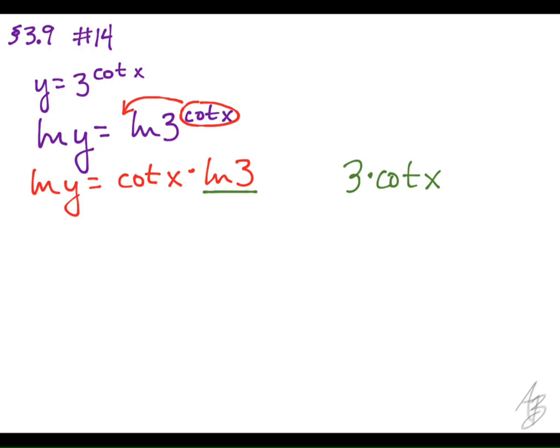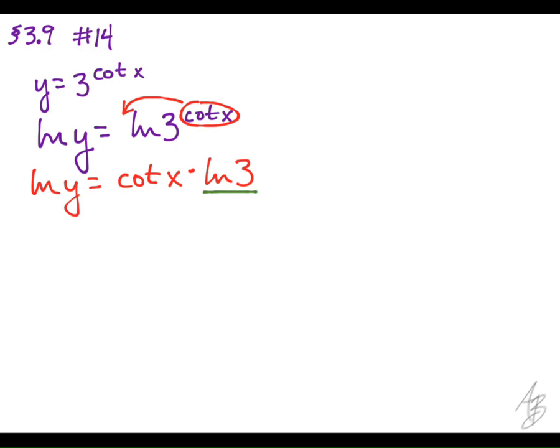And when we take the derivative of that, the derivative is just going to be, in this case, 3 times whatever the derivative of cotangent of x is. So in this case, we're going to have the natural log of 3 times whatever the derivative of cotangent of x is. It's just a number, so we don't have to use the product rule there. We're just going to take the derivative.